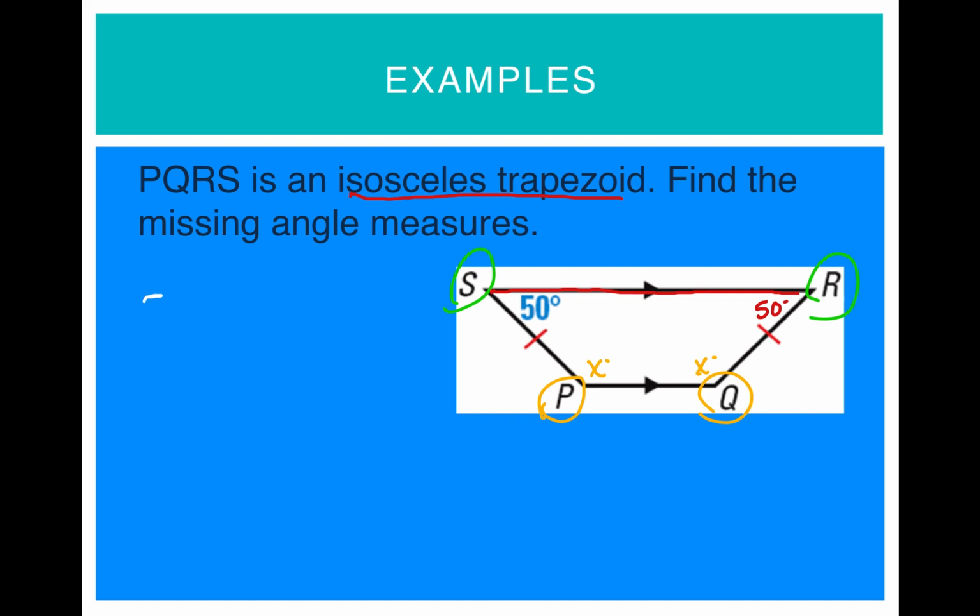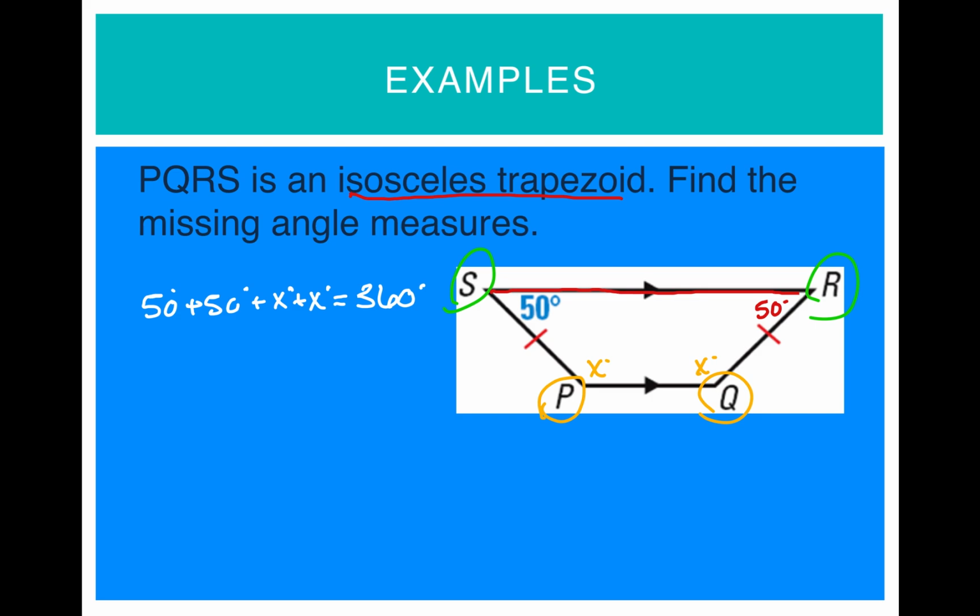So 50 plus 50 plus x degrees plus x degrees has to equal 360 degrees. Those are my four angles: 50, 50, x, and x. Their sum has to be 360.